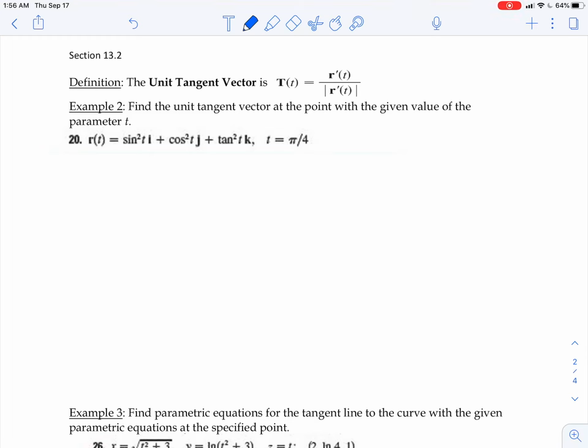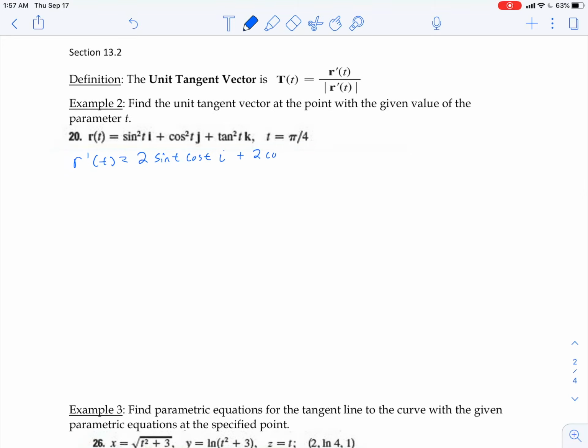So example 2: we want to find the unit tangent vector at the point with the given value of the parameter t. To do that, we first find the tangent vector, so we need the derivative, r prime of t. The derivative of sine squared t is 2 sine t cosine t i, plus the derivative of cosine squared t, which is 2 cosine t times the derivative of cosine t, negative sine t.